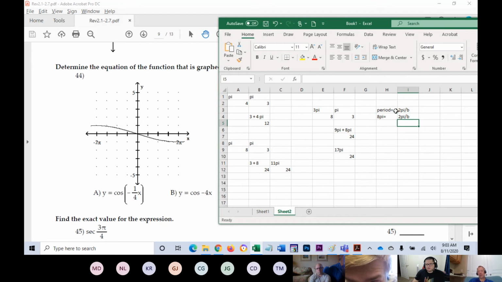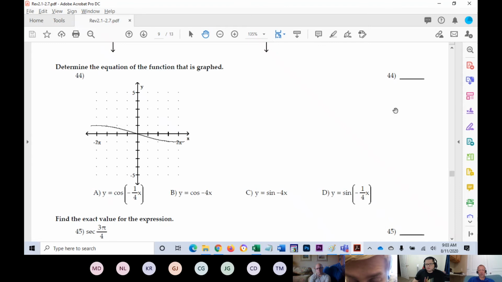If I solve that for b, then b is going to be 1/4, right? And because it goes down going from left to right, it's going to be negative, right? Yeah, because normally your sine would go this way. Okay, that makes sense.